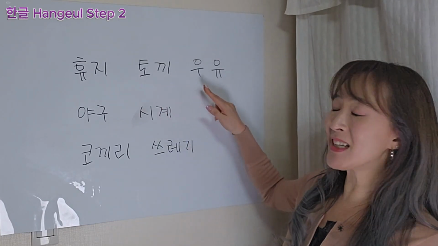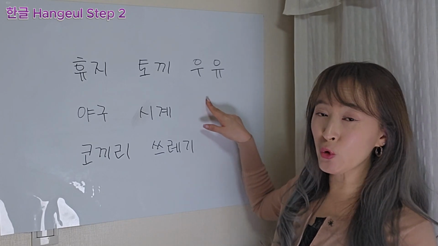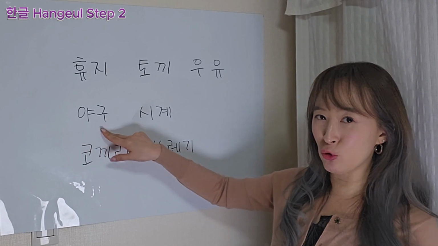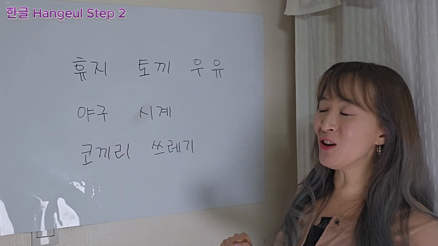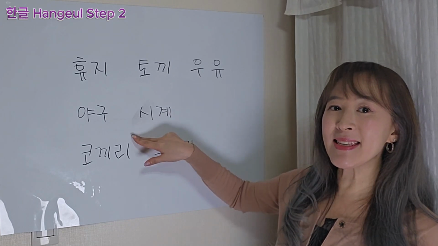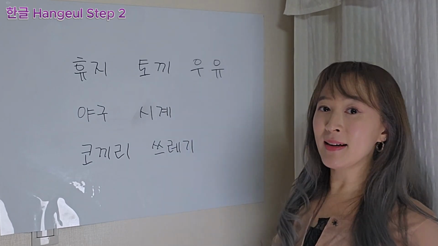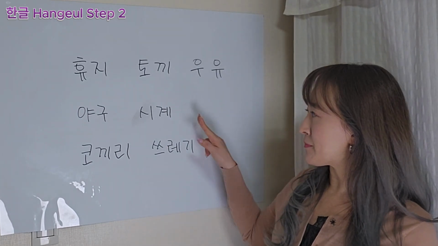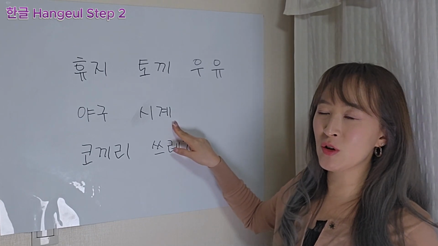A rabbit. 우유. 우유 means milk. 야구. 야구 means baseball. 시계. 시계 means clock or watch. Well, you can use this word for both clock and watch.